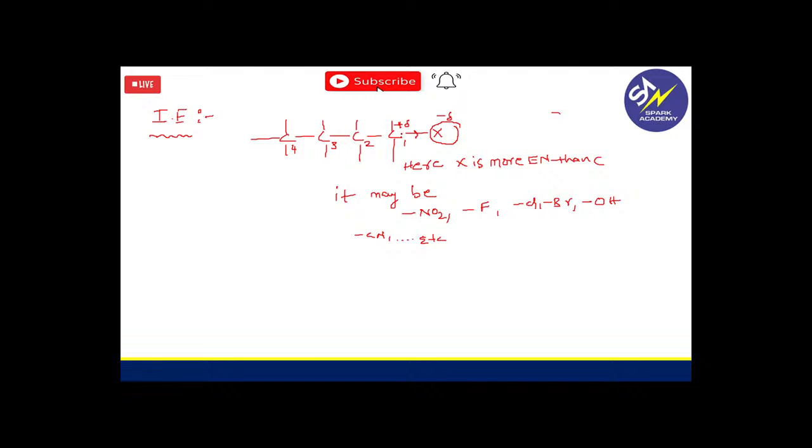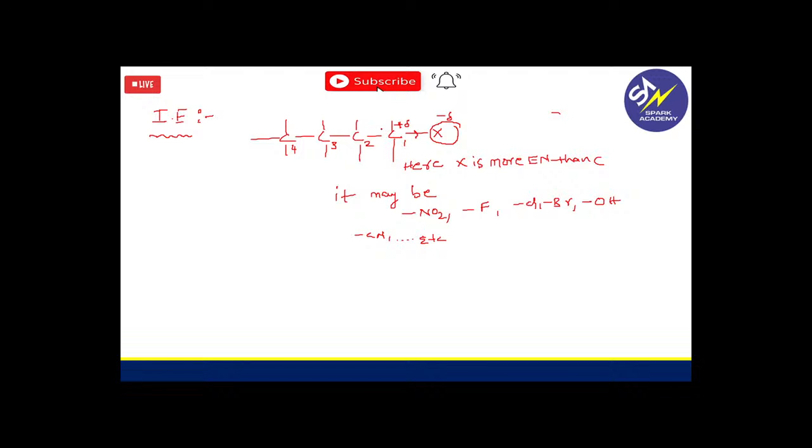Due to this reason, the electronegativity of the C1 carbon atom increases.